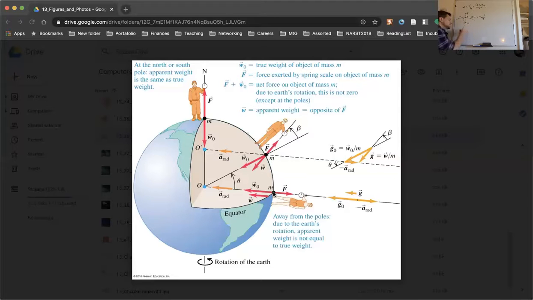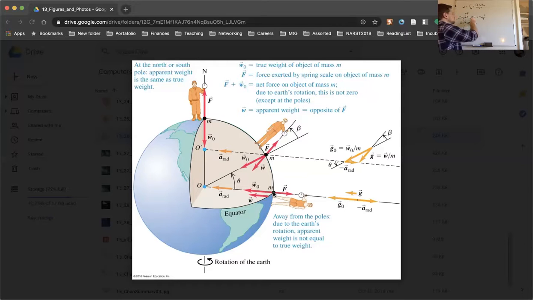So this distance is r, and in order to be on the surface of the Earth rotating, it needs to be mv squared over r. I don't know what speed this is. I guess it's the speed of the Earth's rotation, so it has something to do with the circumference of the Earth and the 24 hours that it takes to rotate. But whatever it is, it's fine.